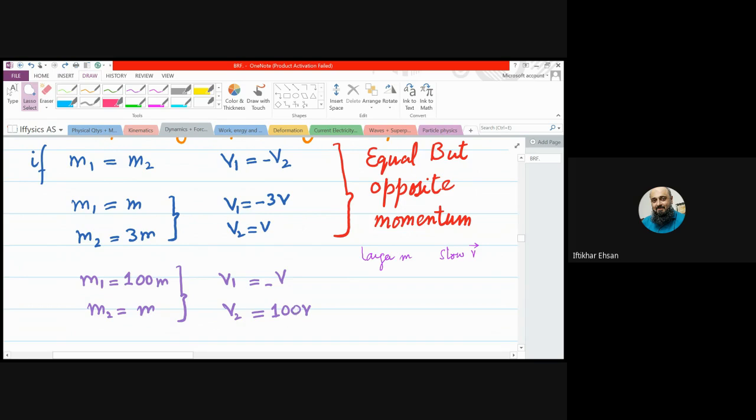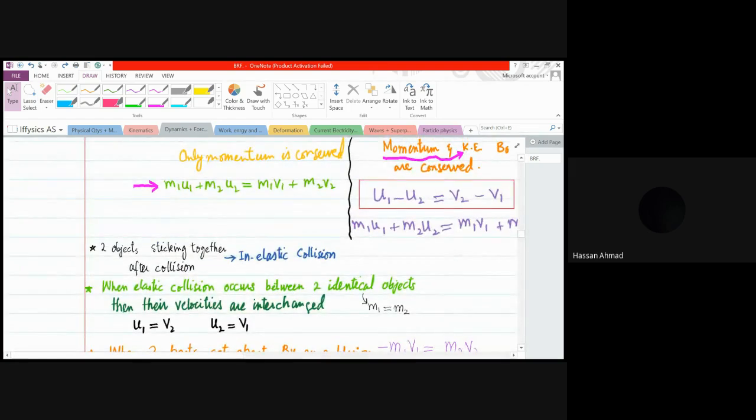Will you remember? Whose mass is smaller by any number of times, that many times its speed will be faster than the other. But both velocities will be opposite to each other. The choice is yours: you can write the negative sign with v1 or v2. Both will be correct. Clear? Yes, sir. Clear. Okay.